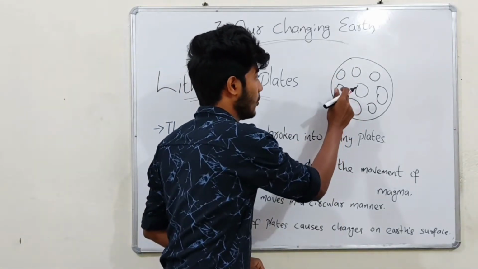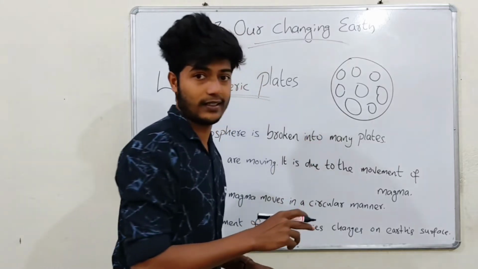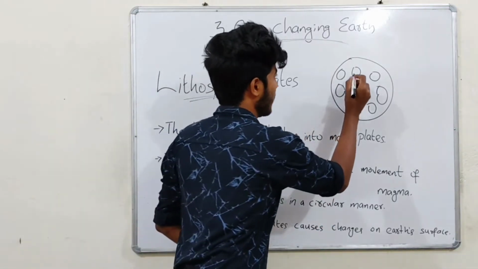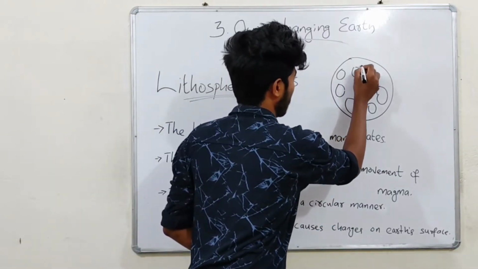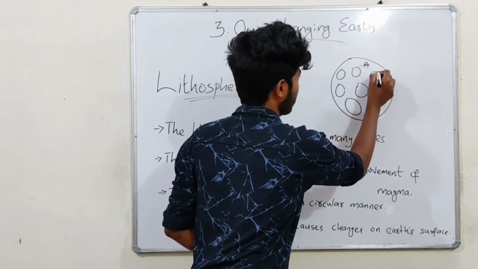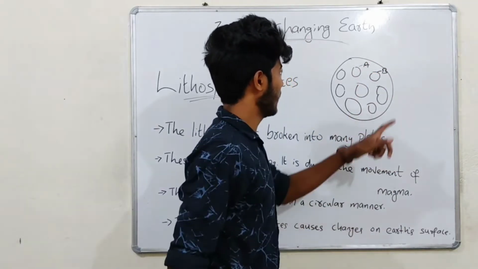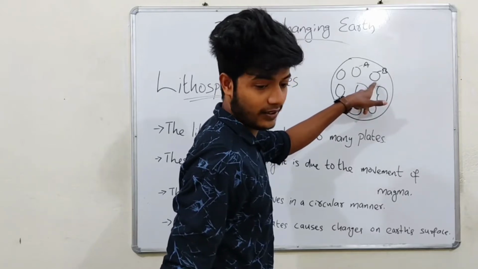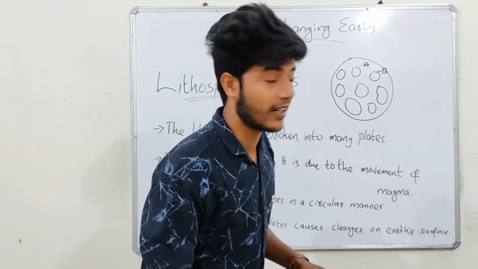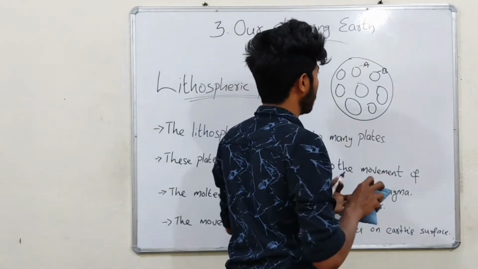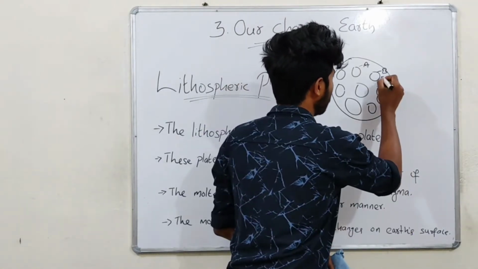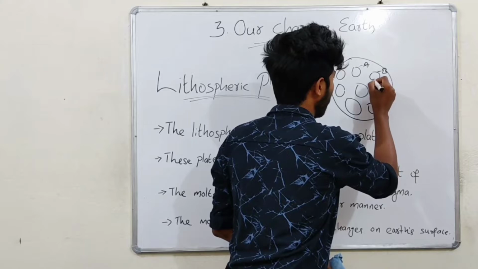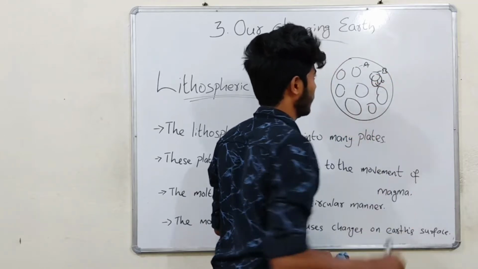One plate is moving away from another. What does it mean? Think that this is plate A, this is plate B. Now plate A is here, plate B is here. Maybe after 10 years, plate B comes down and might be here.